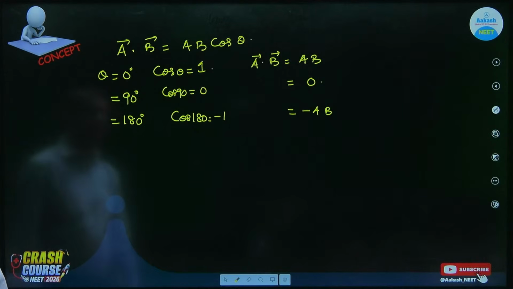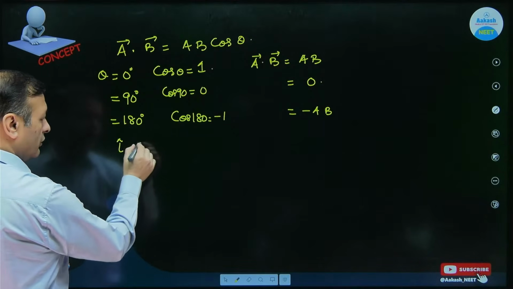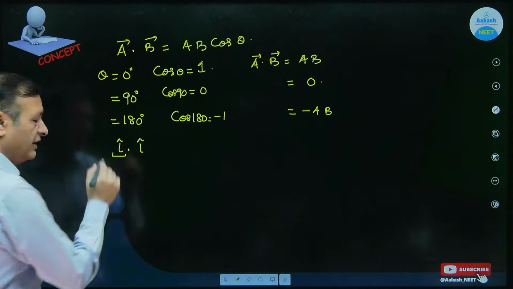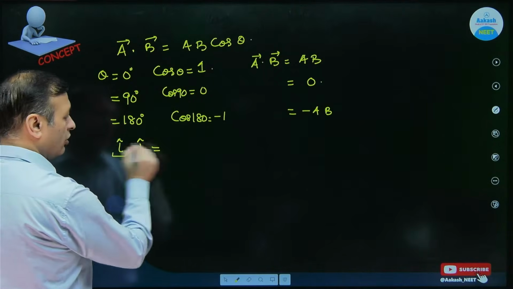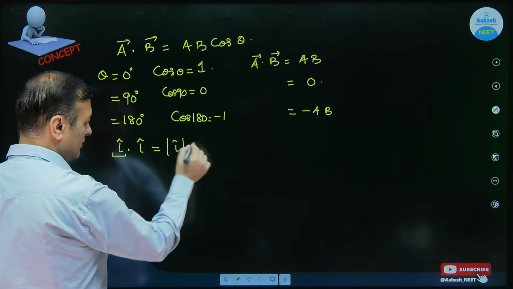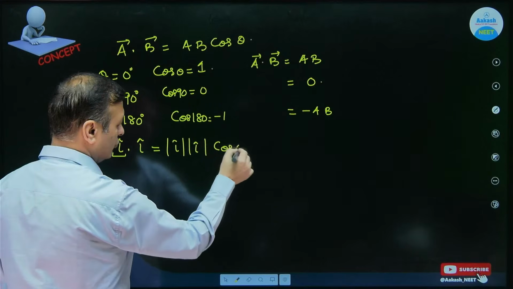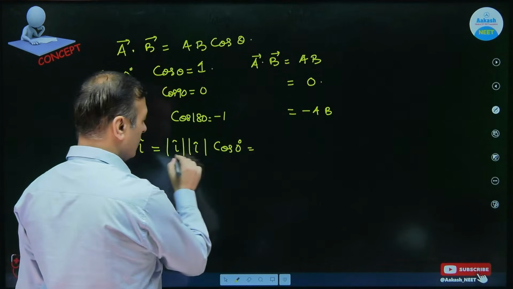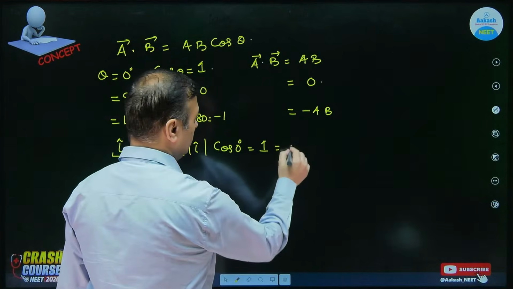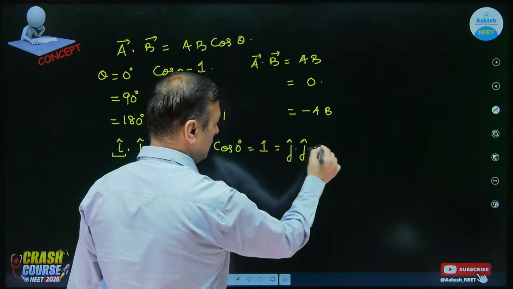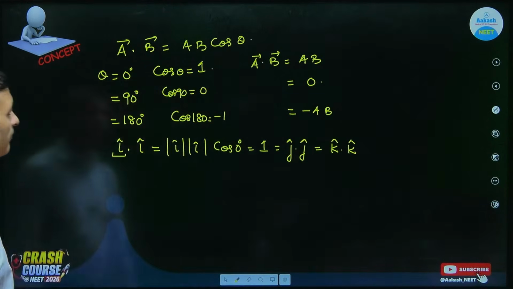Got it? Now if I define I dot I, we know I is a unit vector along the x-axis. So if I say I dot I, we put it as the magnitude of this, the other vector is also I, and this is cos 0, so we put it as 1 into 1 and this becomes 1 only. Similarly J dot J is 1 and K dot K is also 1.